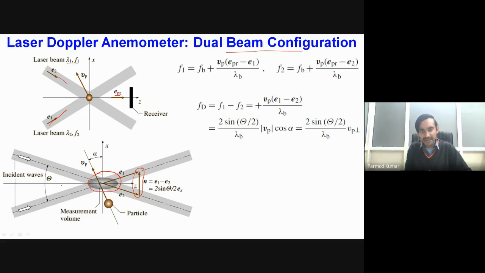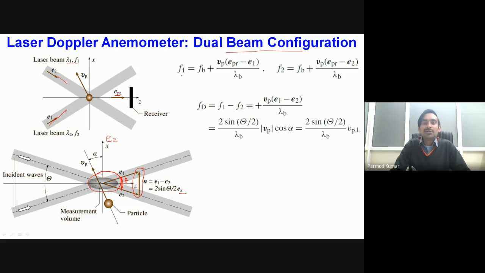In terms of angle, if this angle is theta, then obviously this angle over here is also theta. If in the x direction we consider the unit vector to be Ex, then this normal direction is E1 minus E2 equal to 2 sine theta by 2 into Ex.